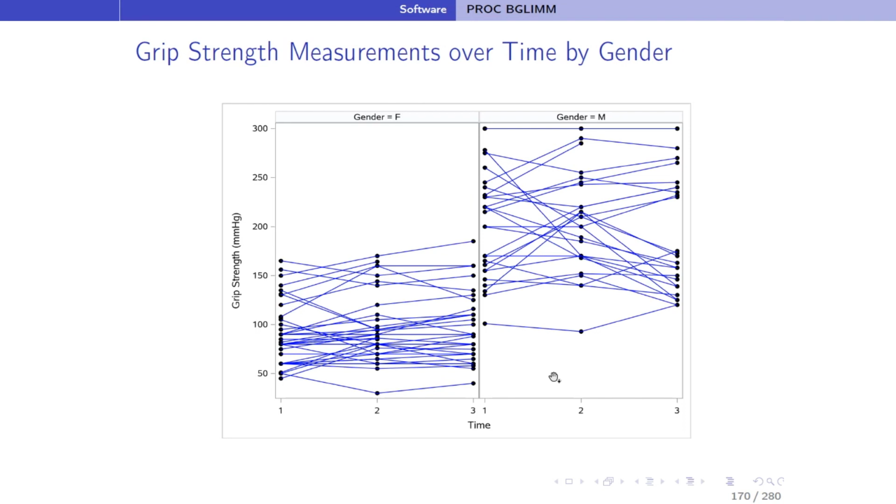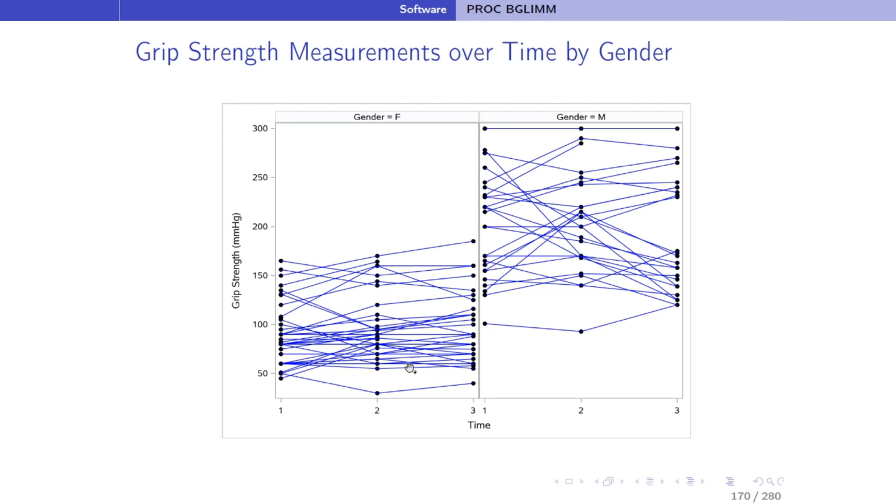If you plot the data, you can see that of course there's a gender difference. Females tend to have weaker hand grip than males, but the strength changes greatly over time, probably with more variability in the male group than in the female group.